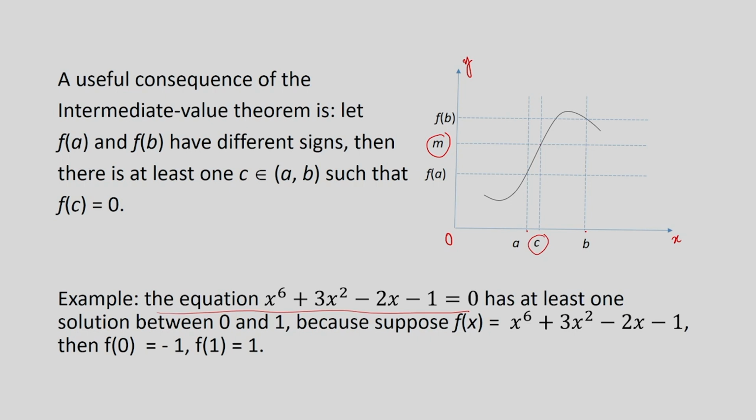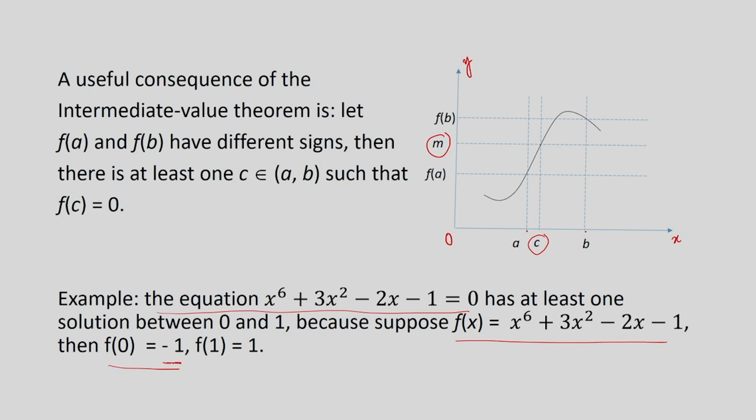We can show that there is at least one x which satisfies this equation by looking at f(0). If you take x equal to 0, where f(x) is given by x to the power 6 plus 3x square minus 2x minus 1, and put x equal to 0, it turns out to be minus 1.